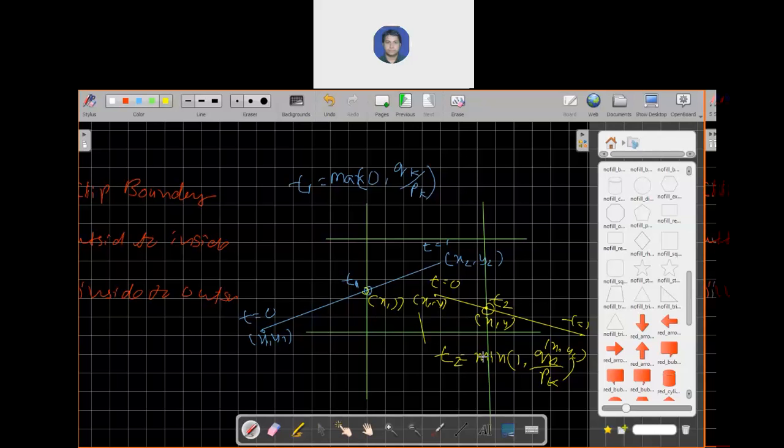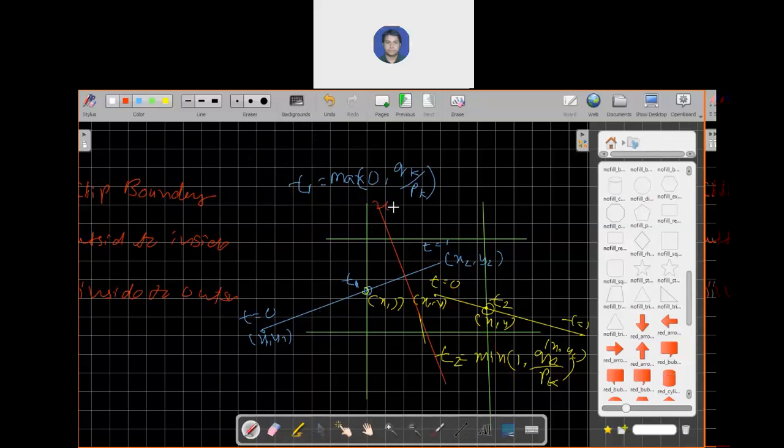Is it clear? Again, one more case. If your line is passing like this, it means here there are two intersect points.